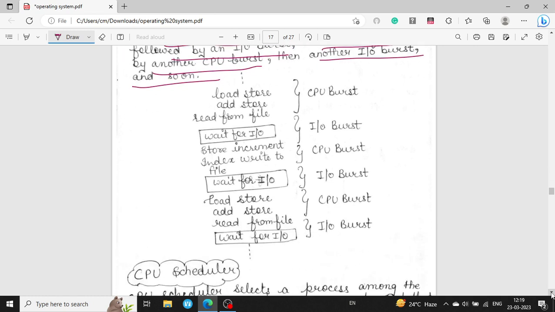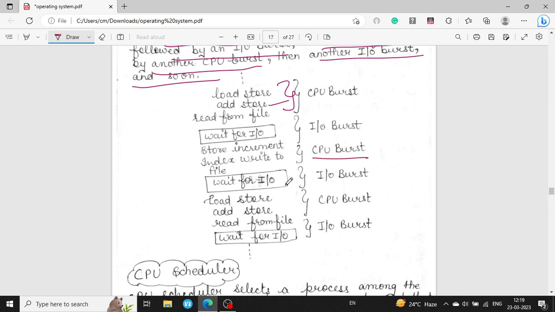First load the information, that store, then add, then store, read from file. This is part of the CPU burst. After that, waiting for input output resources is known as the input output burst. After that, when you store the next information, store increment index, which is write to the file, that is the work of the CPU burst.